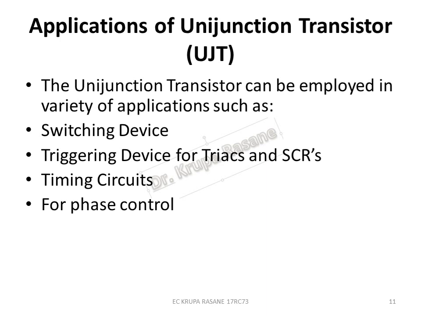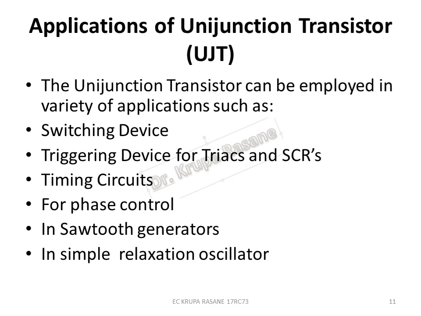We will understand what phase control is in the next module. It is also used in sawtooth generators. It can be used as a simple relaxation oscillator. We know what an oscillator is: it converts a DC to an AC with a certain frequency.